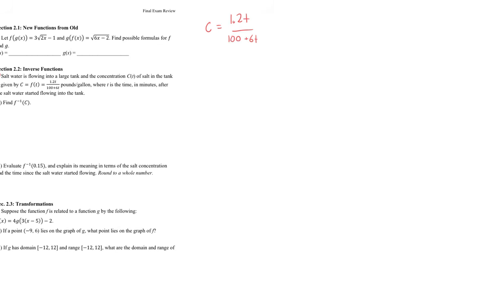So the first thing we'll do is multiply our 100 times 60 over. Now we need all of our t's together, so we're going to go ahead and distribute this out.